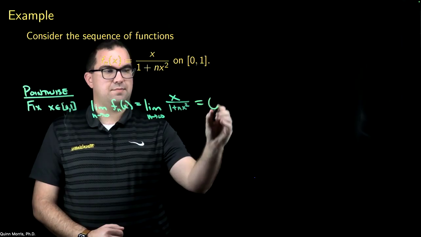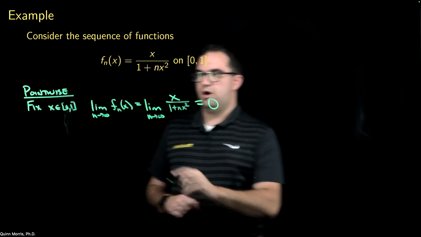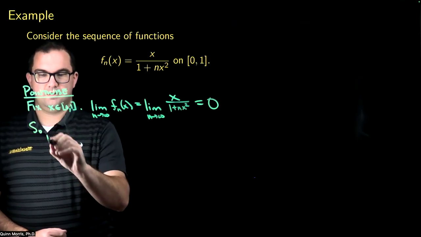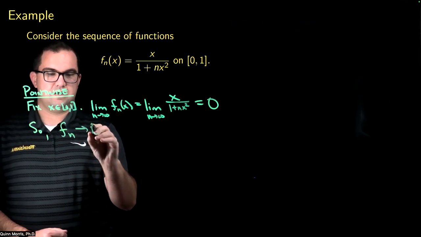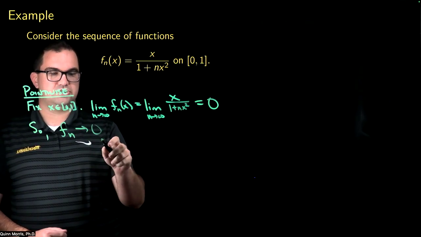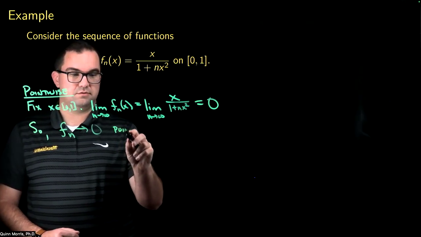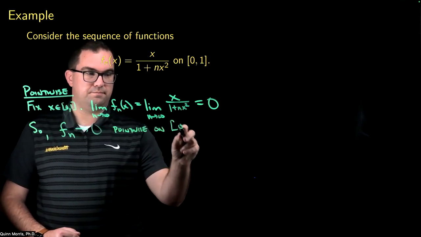So in fact, this limit will be 0 for any fixed value of x between 0 and 1. So what does this tell me? This tells me that this sequence of functions, f sub n, converges to the 0 function pointwise on the interval 0, 1.